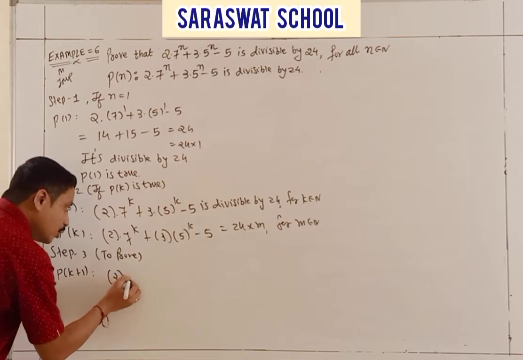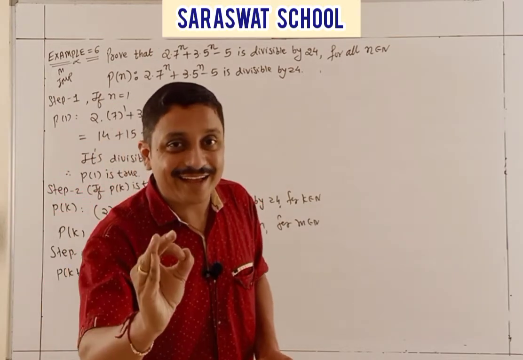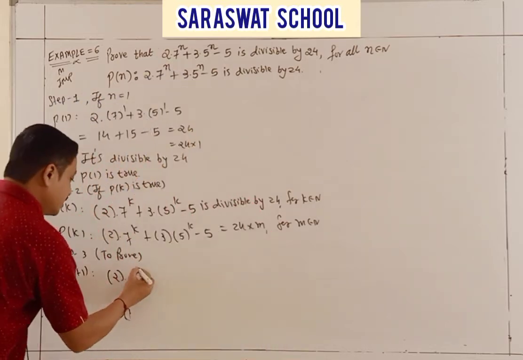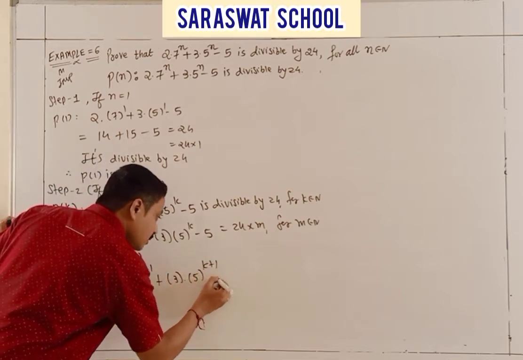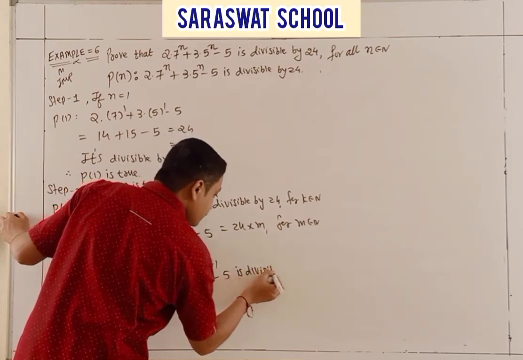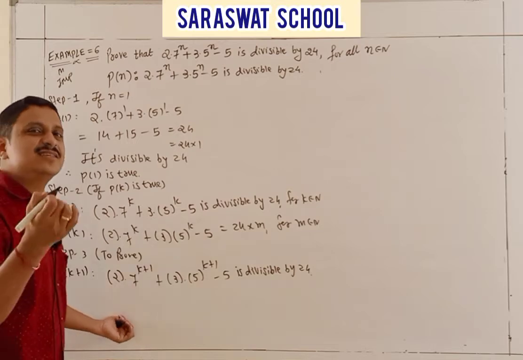Write down the same data, only I change k to k plus 1. Yes. Here 7 raised to k plus 1, same here 5 raised to k plus 1, minus 5 is divisible by 24. And here I start my easy solution.